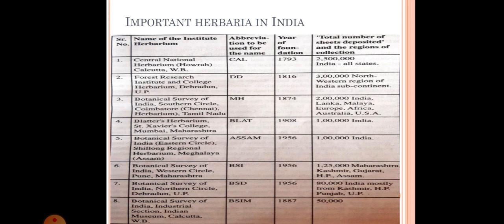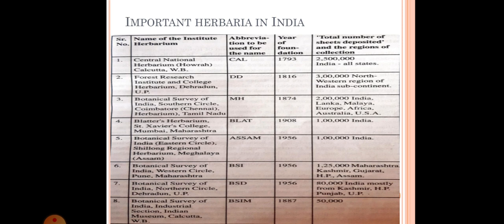Botanical Survey of India, Eastern Circle, Shillong Regional Herbarium, Meghalaya, in Assam. Abbreviation, ASSAM. Year of foundation 1956, and total number of sheets deposited, 1 lakh, collected in India.